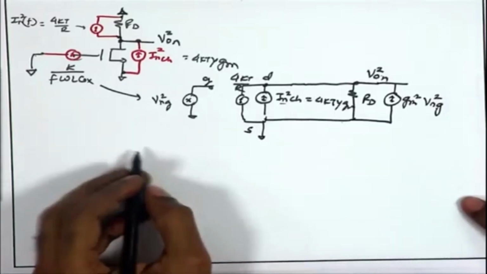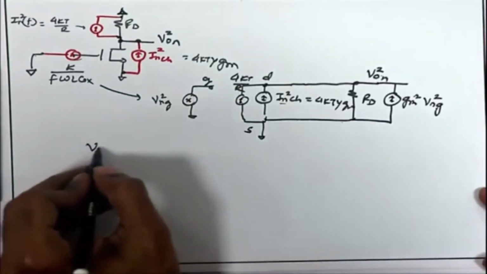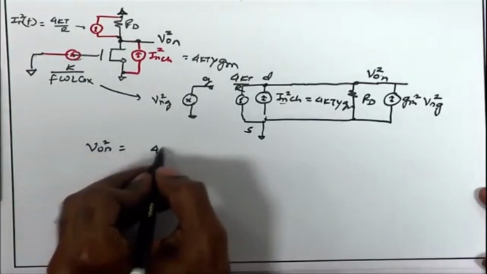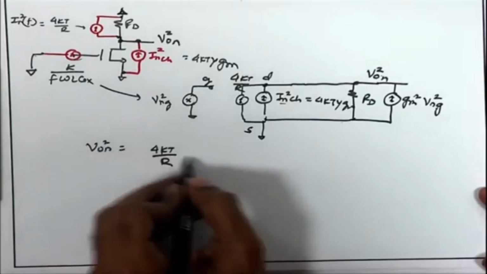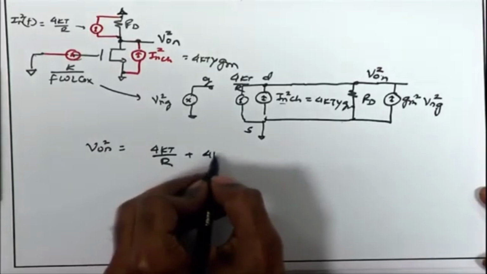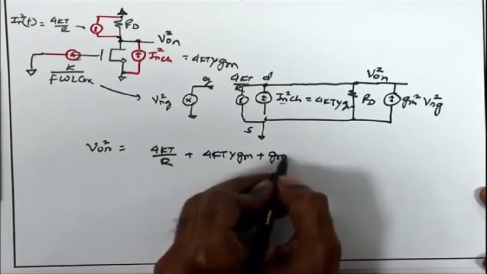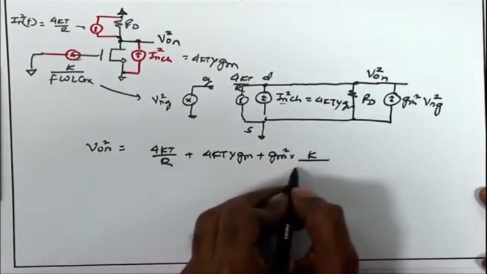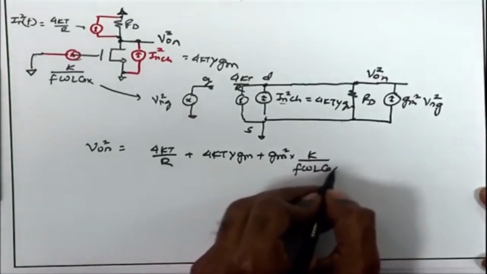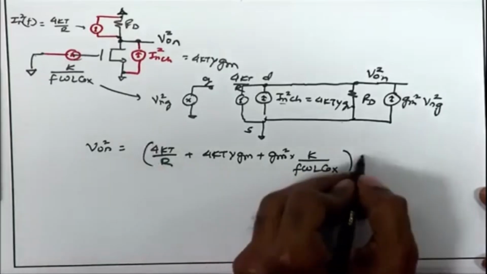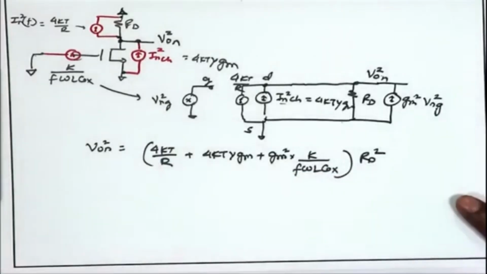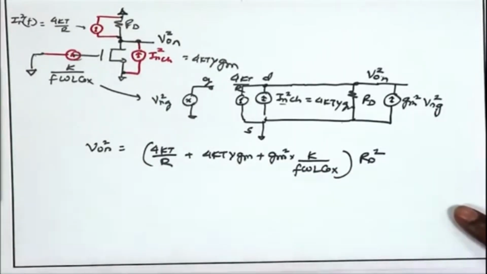So, basically output VON square is going to be equal to 4kT/R plus 4kTγ gm plus gm square K/(f W L Cox) times RD square, that is all.